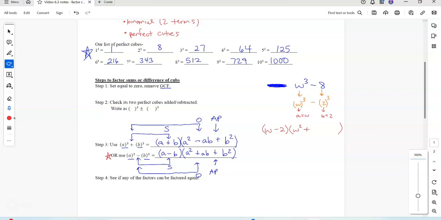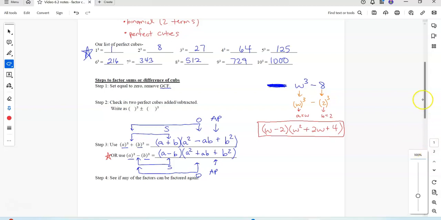Opposite sign, so plus, and then I take my A times my B, so 2 times W. Always positive sign after that, and then I take my B and square it, which will be 4. And this is how it's going to factor. And the quadratic here, the W squared plus 2W plus 4, will not factor. There is no set of numbers that can multiply to 4 and add to 2.